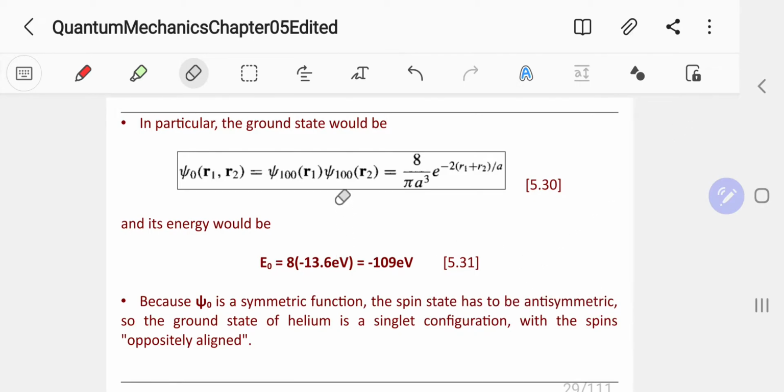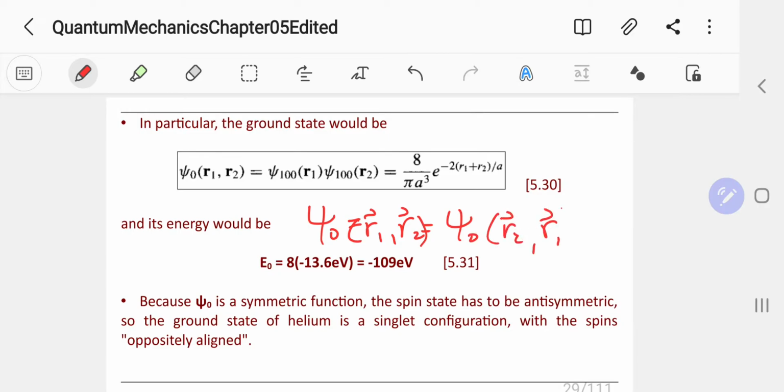Note here that your phi sub o r1 r2 is equal to phi sub o r2 r1. So in that case, the wave function is symmetric. So why is that? That is compensated by the spin state of the two electrons.